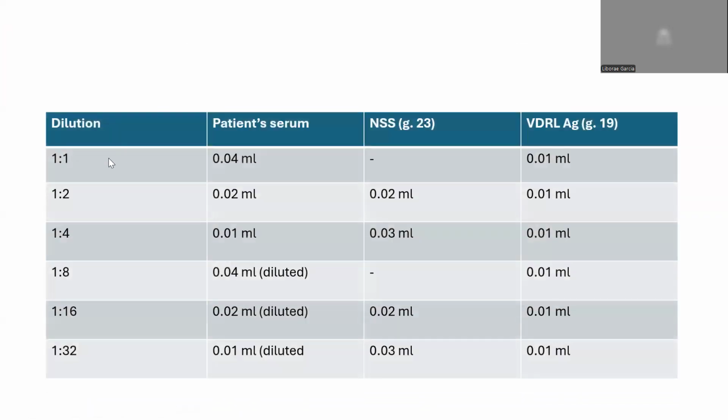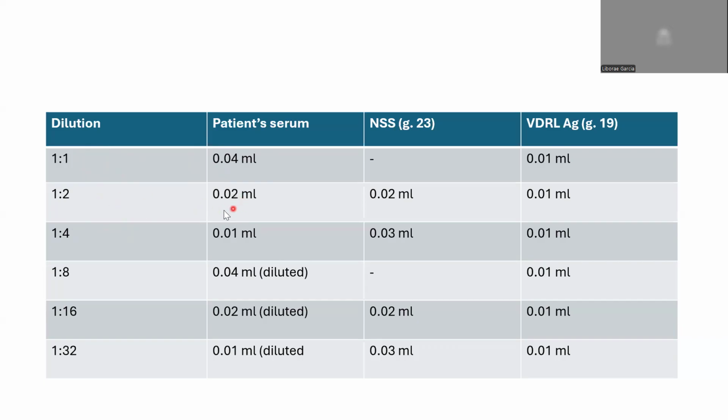So just a simple recall of your quantitative test for syphilis. Your first three reaction circles, the first is undiluted serum. You just added 0.04 ml in your first reaction circle, giving a 1:1 dilution.